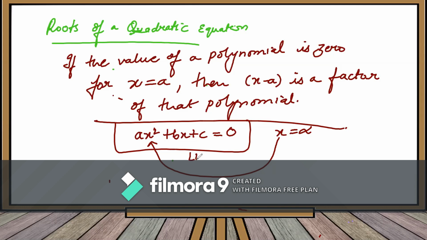It will satisfy the equation, that means LHS will be equal to RHS. Then I can say, yes, x equal to alpha is a root or a solution of the given polynomial. So when the value of the polynomial is 0 for x equal to a, then x minus a is a factor of that polynomial. This is also called the factor theorem.